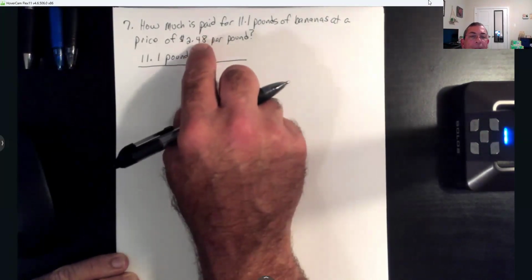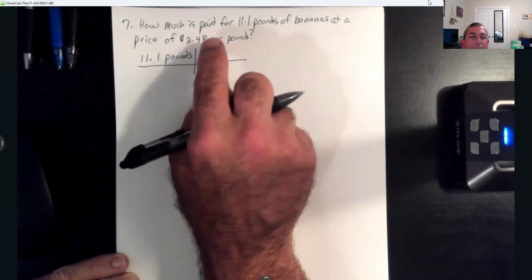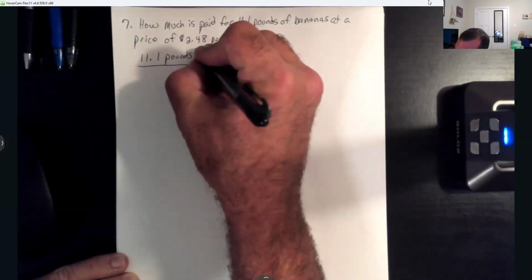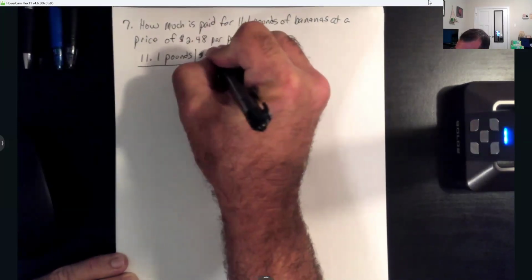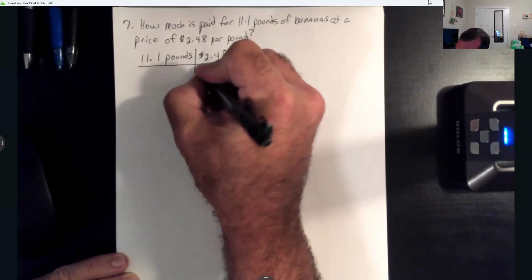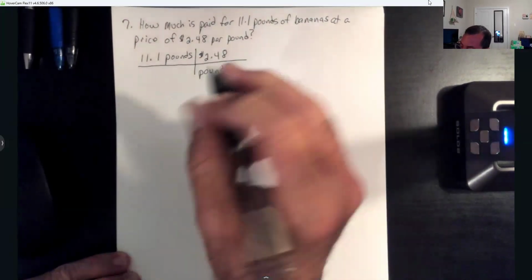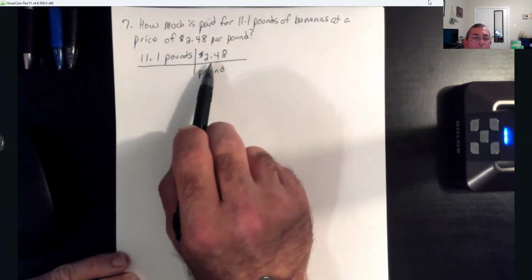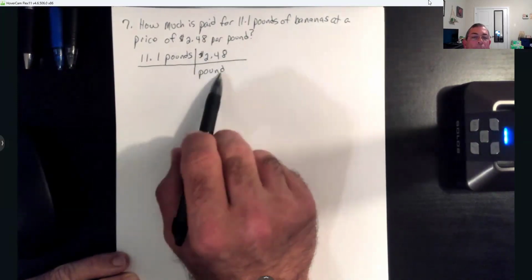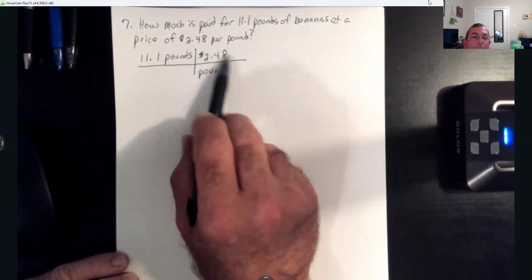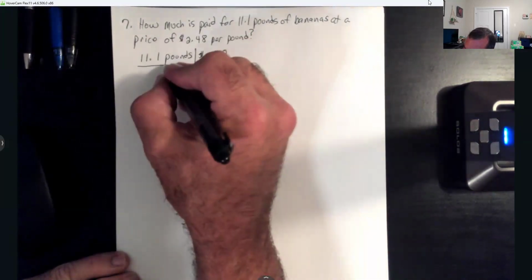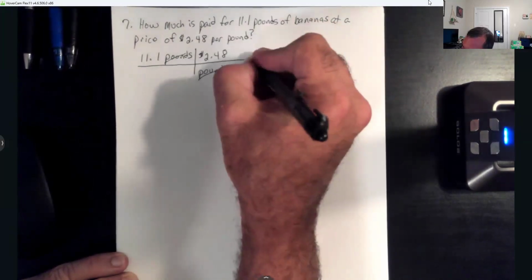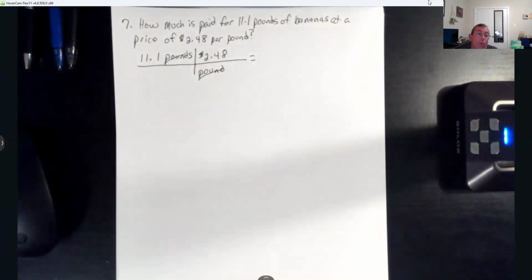What they're telling me right here, every pound is $2.48. Okay, so per means division. So that's why I put that pound on bottom when they give me 2.48 per pound. But y'all notice the pounds are going to cancel.